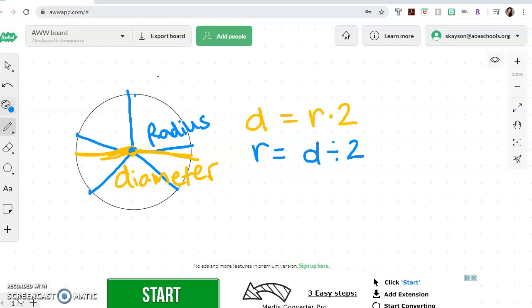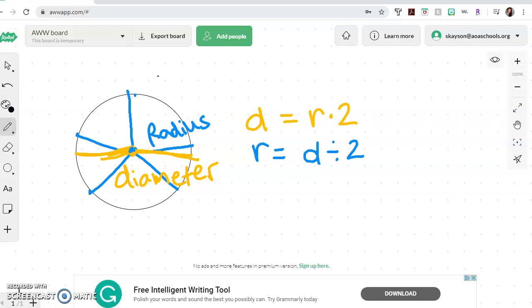The thing we're learning today is about the circumference. The video you watched the other day showed you about the circumference. The circumference is a fancy word that talks about the perimeter of a circle. What that means is it's the length all the way around the edge of the circle.